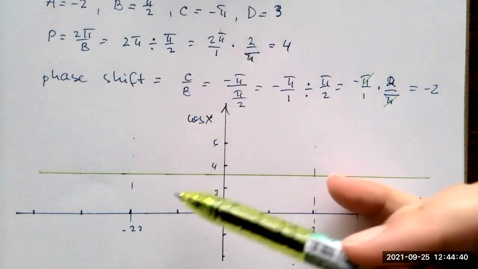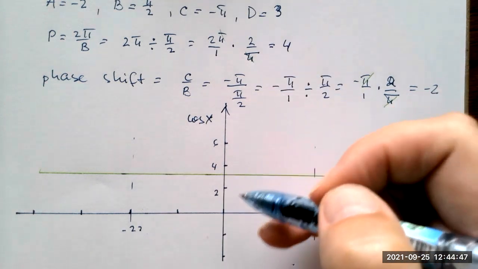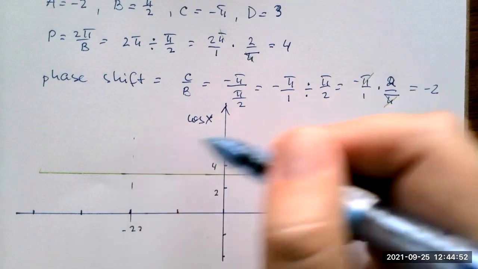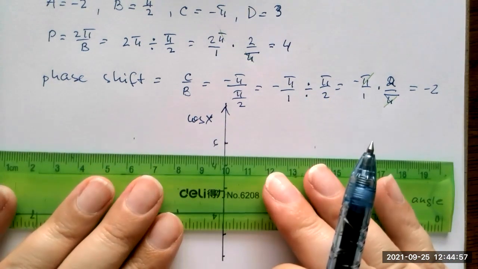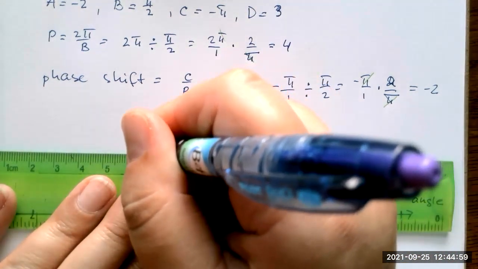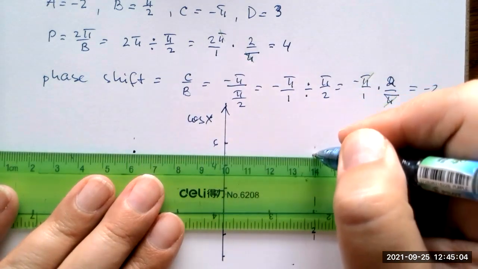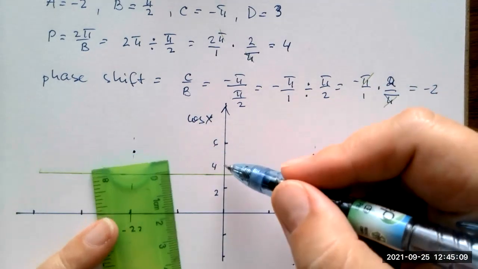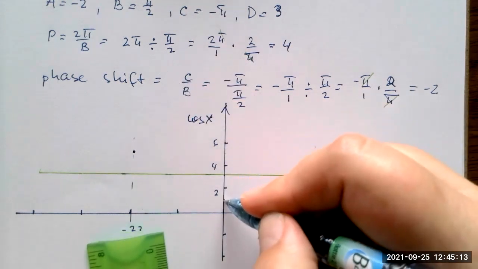So my cosine function is going to wrap around the midline. We know that the cosine function reaches its maximum at the beginning of the period, so right here, and also at the end of the period, on the other side, and it reaches its minimum in the center, so that's 3 minus 2, which is going to be right here.